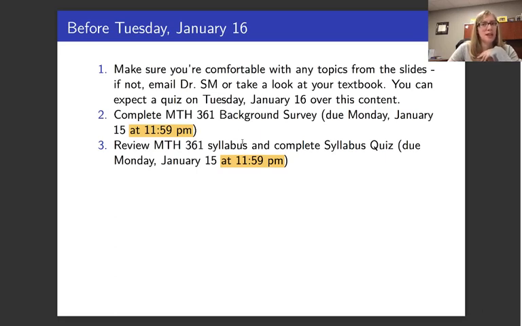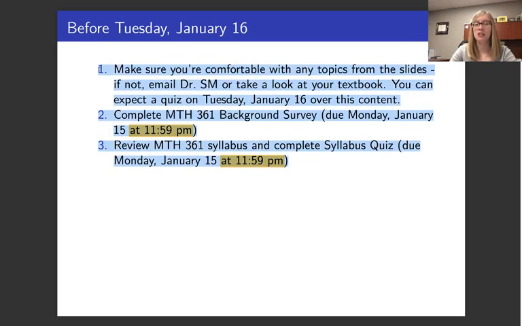Blue Line can sometimes take a few minutes to process submissions, especially if they are large submissions. So make sure to leave yourself plenty of time. Once the Blue Line system rolls over to 12 a.m., the due date has passed. So again, make sure to leave yourself plenty of time to get through that Blue Line submission system.